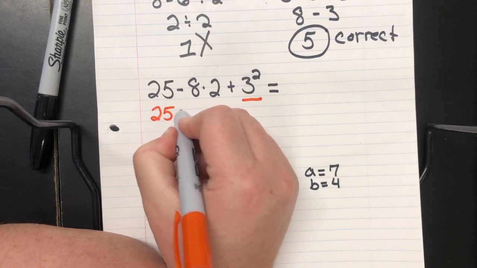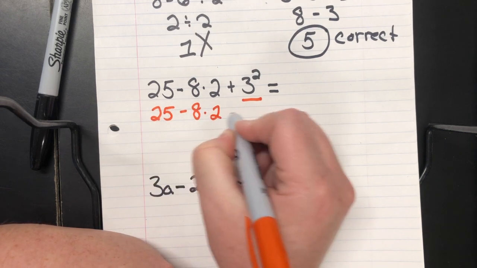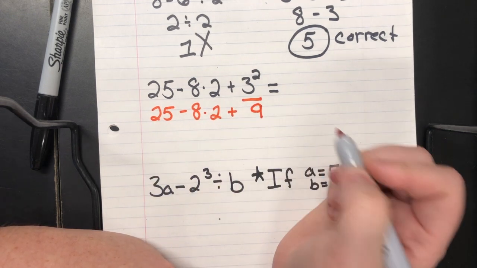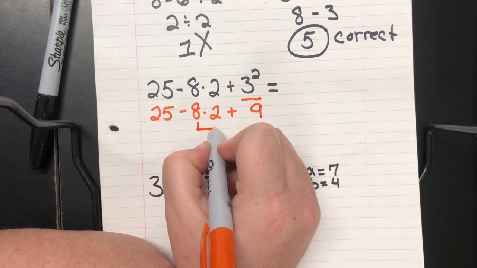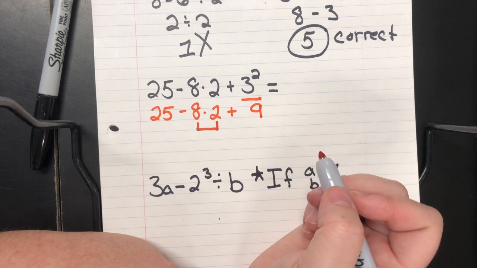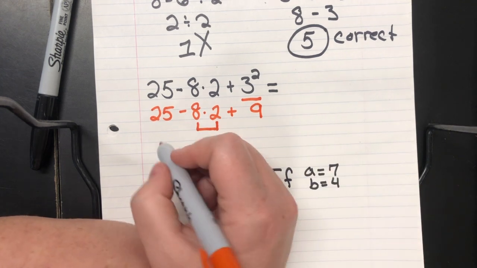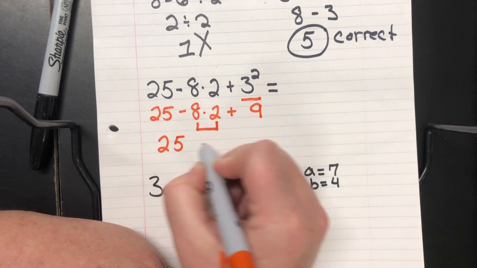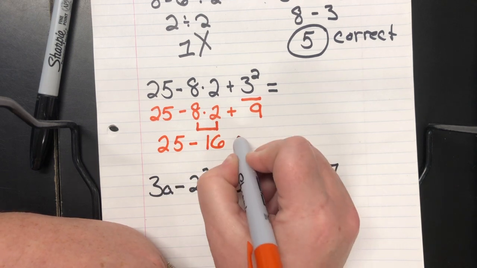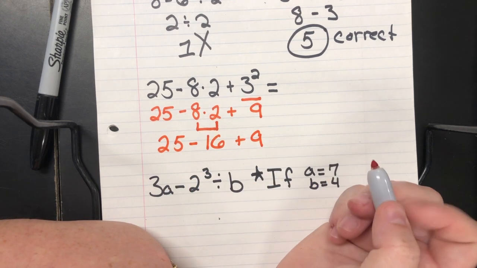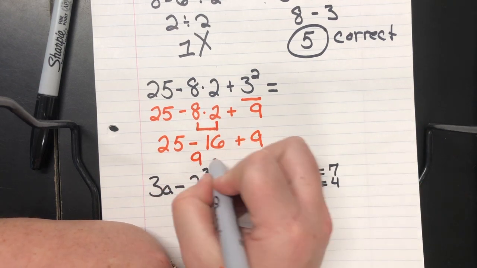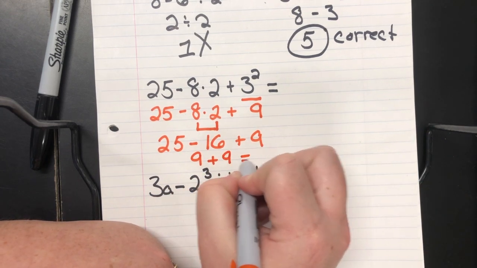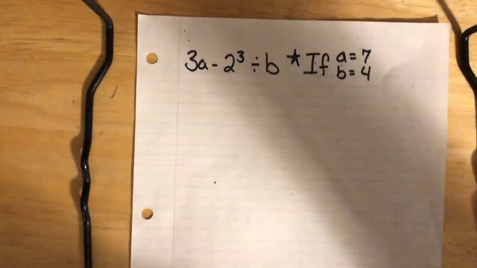So 25 minus 8 times 2 plus 9. Then according to PEMDAS rules, I have to take this in the middle because it's multiplication. So 25 minus 16 plus 9. Then if I do the left to right rule, 9 plus 9 gives you 18.